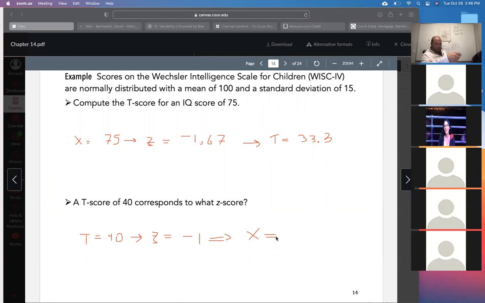So if T is 40, solve that for your Z-score. Rearrange that formula to get Z by itself. Yes, 40 equals 10Z plus 50, right? Rearrange that formula to get Z by itself.